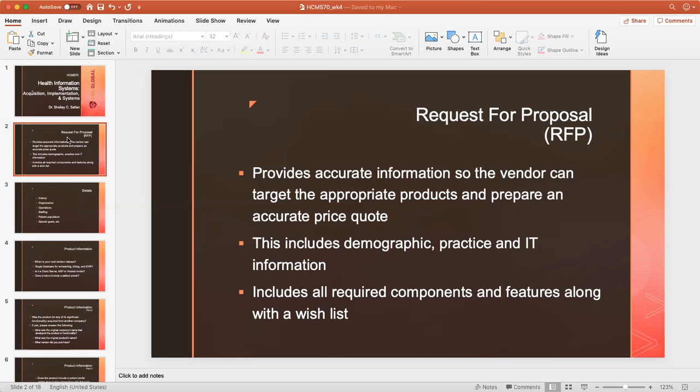I know that we're dealing with technology, but you understand what I mean. A blank screen, all right? A blank Word document. And you need to put down, and look at the third bullet here, all required components and features along with a wish list. And that's what you need to do.